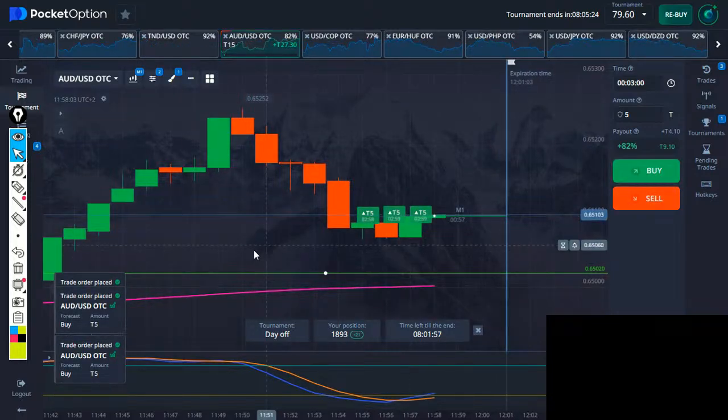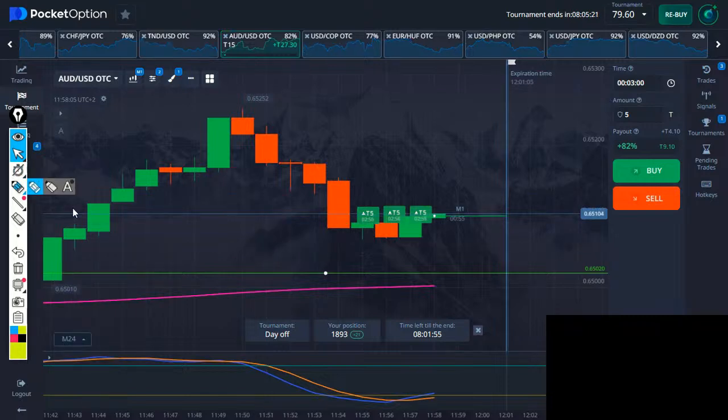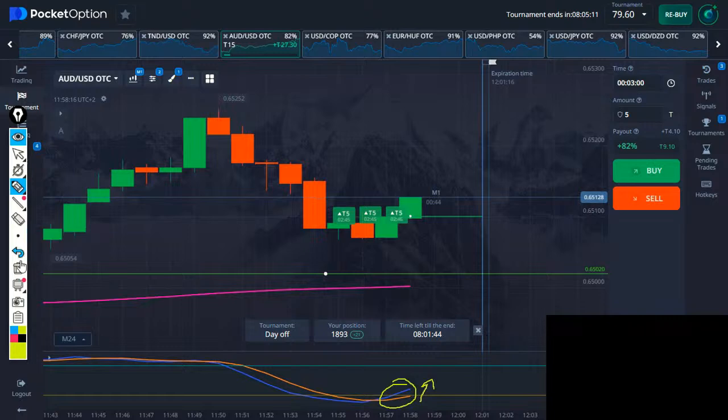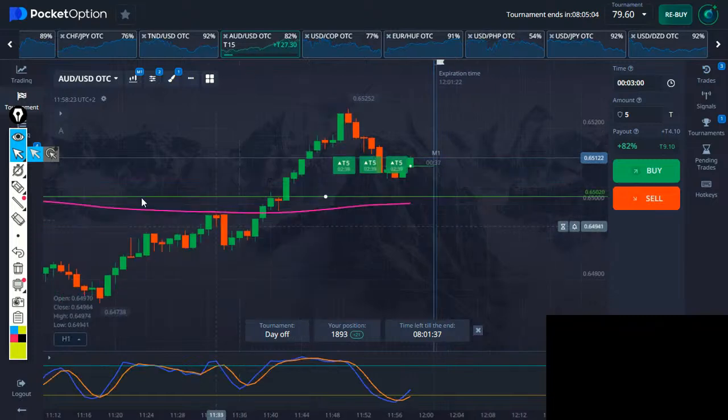Okay. So you see we have the cross of the stochastics here. Clear cross to the upside. Both lines are pushing up, and we are in an uptrend. Buyer's momentum.